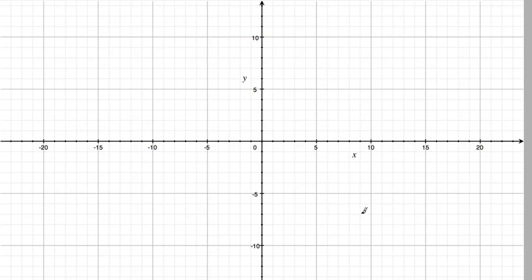Now, we talked about the standard form of a line, but there are two other forms that are maybe more familiar to us, and are more useful in certain contexts, especially in terms of graphing. The first of these is slope-intercept form.